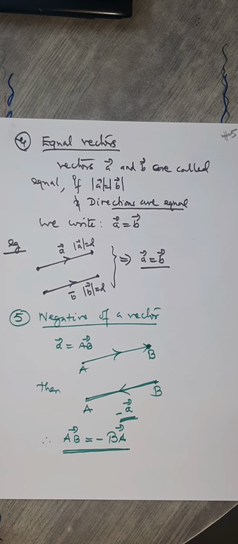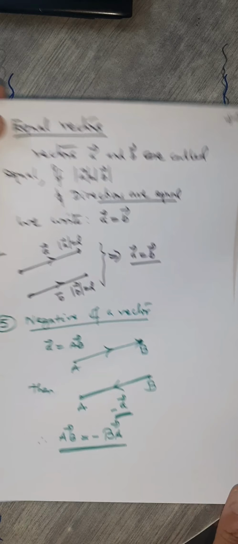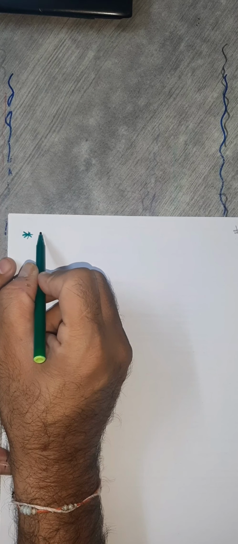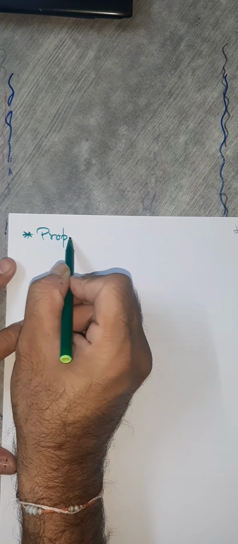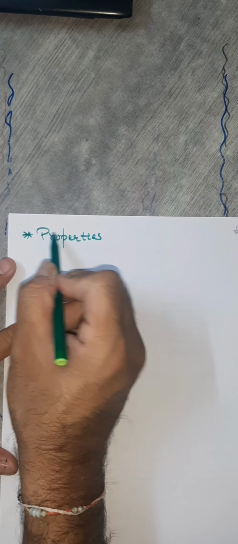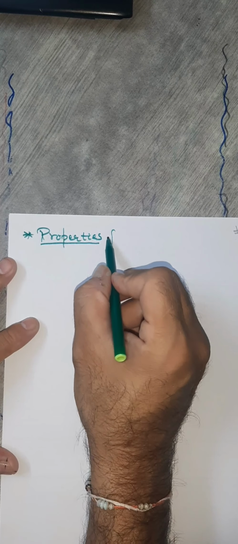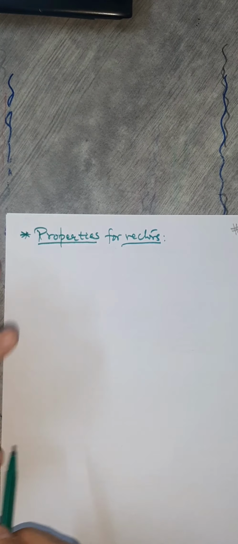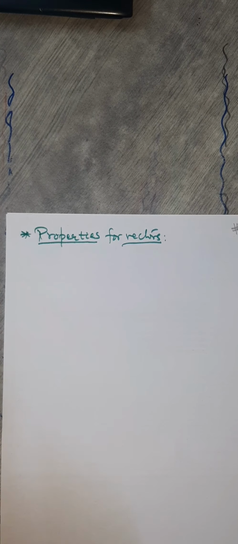Fine. Now I have already told you that vectors are nothing but points in R2 and R3. So these properties come from the concept of R2 and R3. These are some quite obvious properties for vectors, which would always hold true, remember, for any vectors.